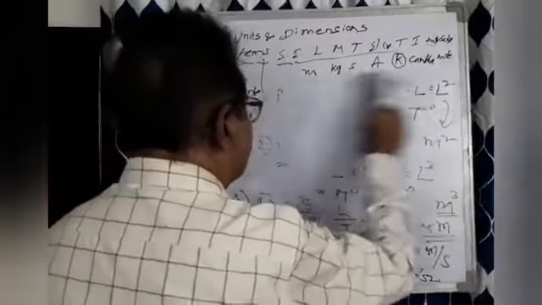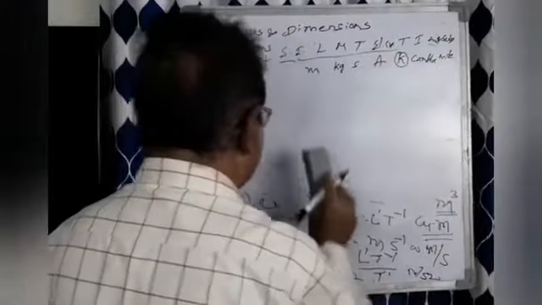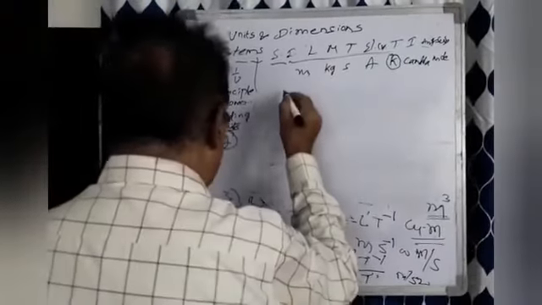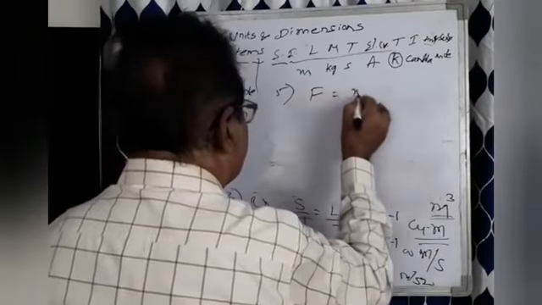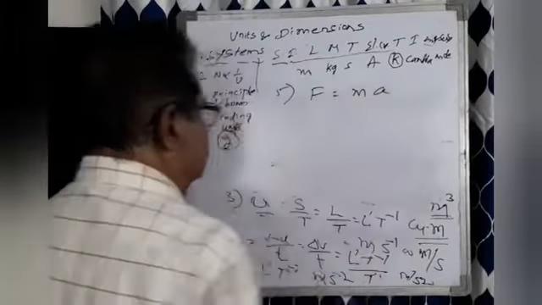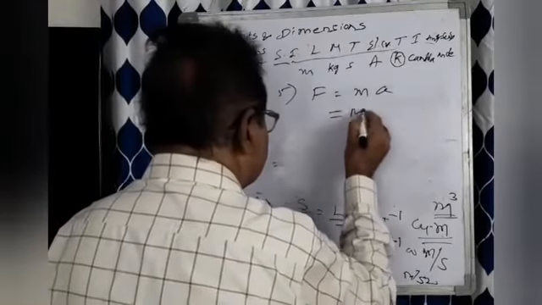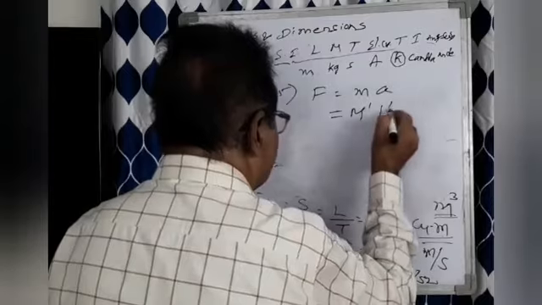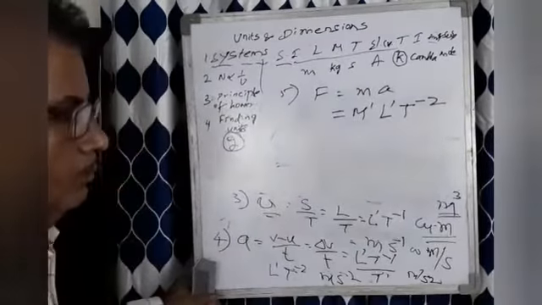So suppose force is there. You want the unit of force or the dimensions of force. You can simply say F is equal to ma, mass into acceleration. This is a standard formula. Mass means M power 1. Acceleration means you got now L power 1 T power minus 2.